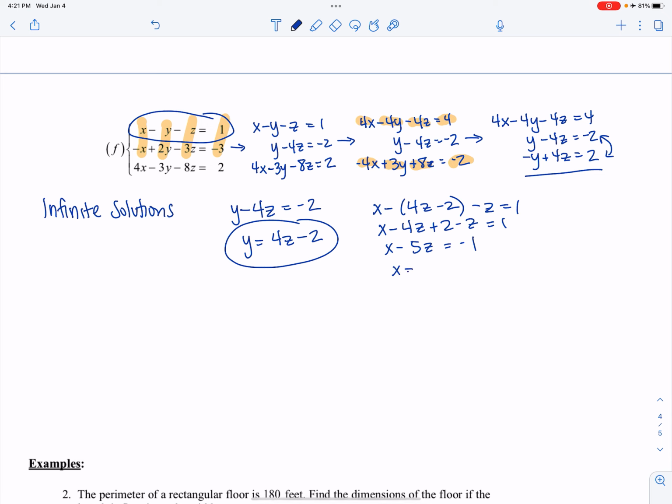So x equals 5z minus 1. And so we have y equals 4z minus 2, x equals 5z minus 1. z can be anything, so z is r.